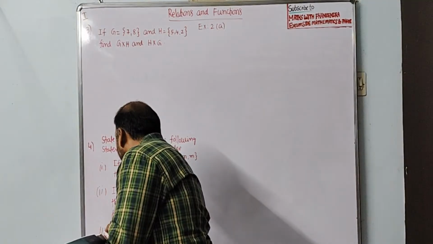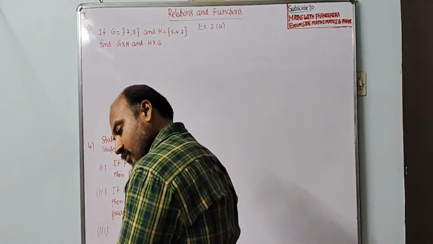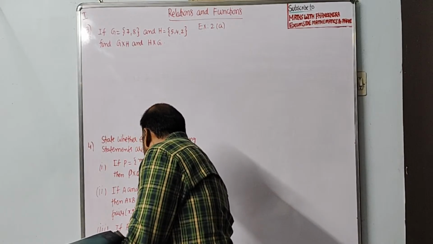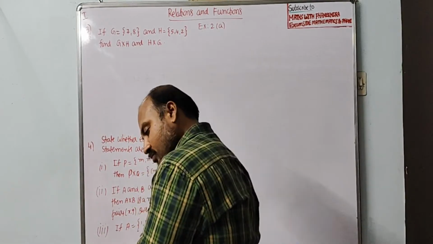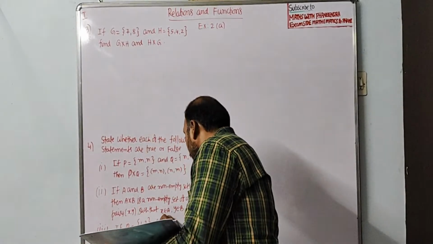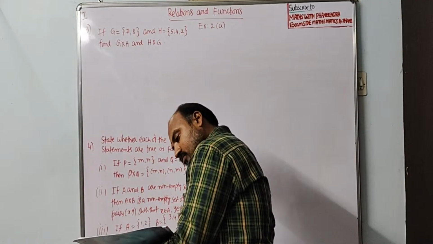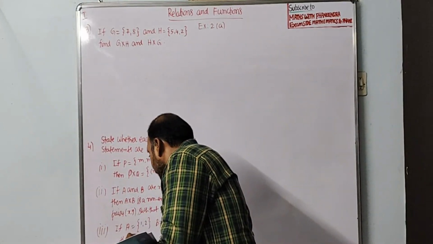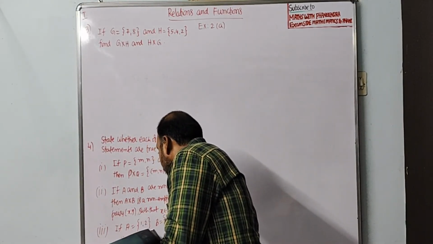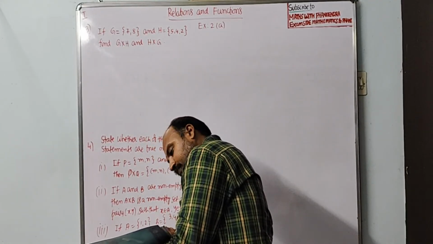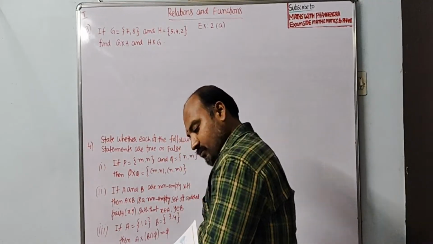Third one, if A equals the set of 1 comma 2 and B equals the set of 3 comma 4, then A cross B intersection phi is equal to phi.